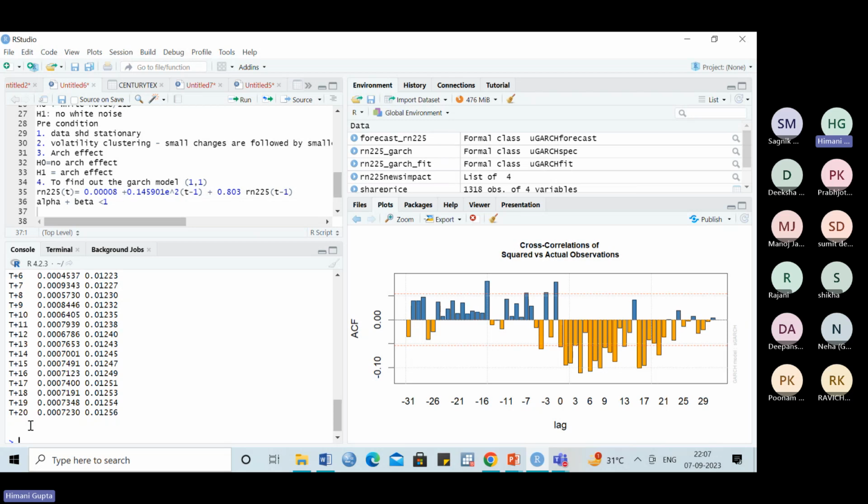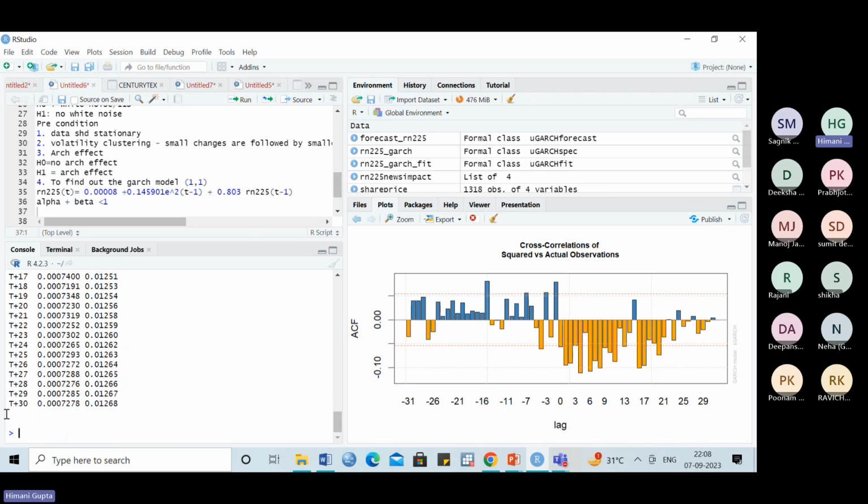Head is a command only for 10. That means if you want to predict only till 10 days, you use the command head. If you want to predict more than 10 days, you have to use the command n dot ahead. See, if I want to get the values for, let's say, 30 days, I'll be using n dot ahead only and then using forecast RN225.